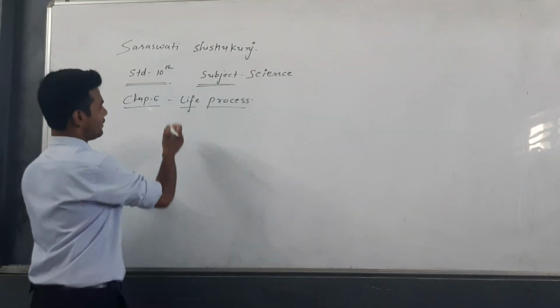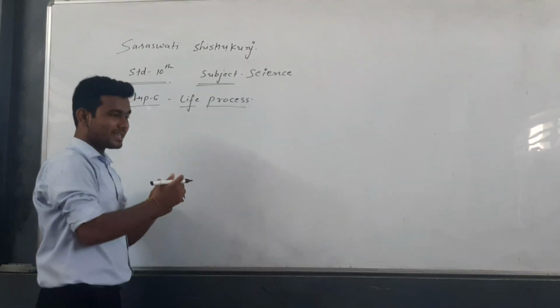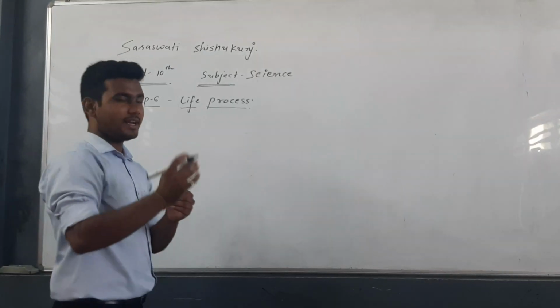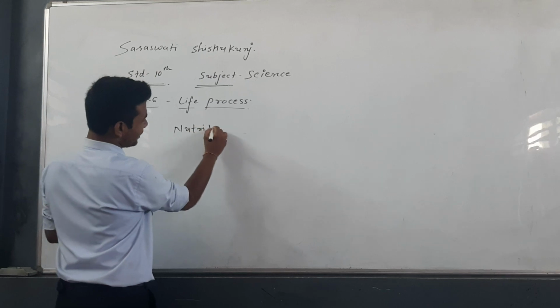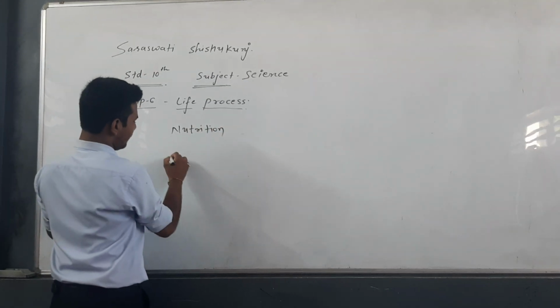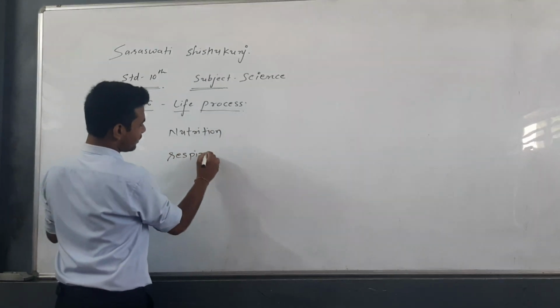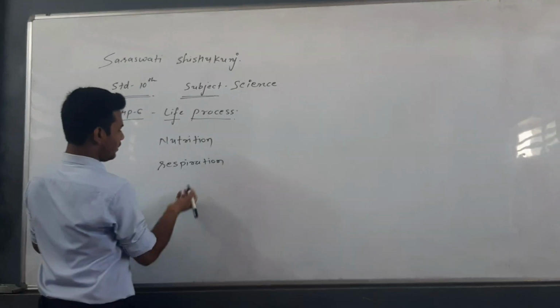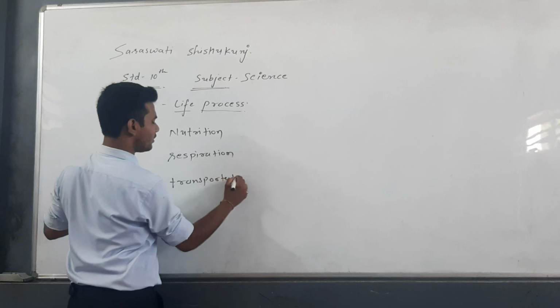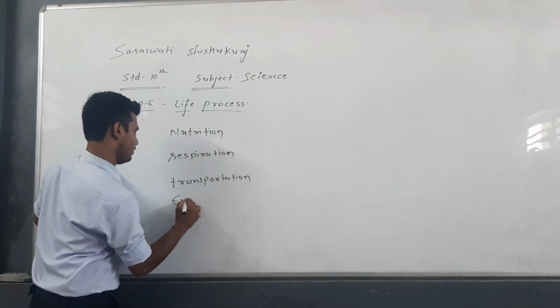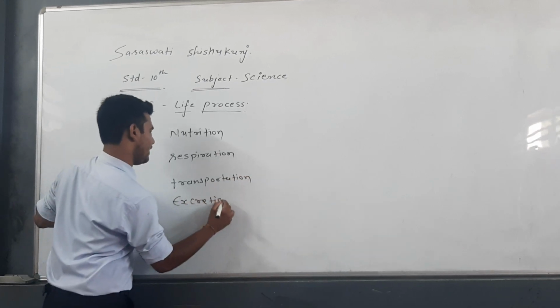First, we discussed what a life process is. The process which is required to maintain life is called a life process. In that we have understood nutrition, respiration, transportation, excretion.